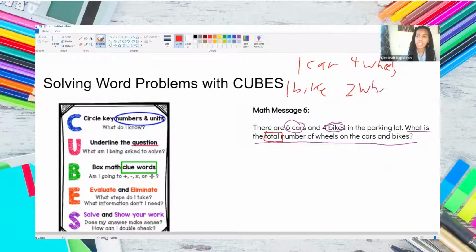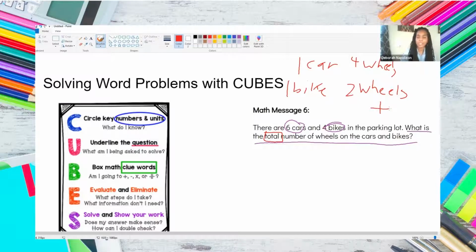So this is information I already know. If I need to figure out the total number of wheels between cars and bikes, I know that one of my operations needs to be adding. So I need to find the sum across cars and bikes.